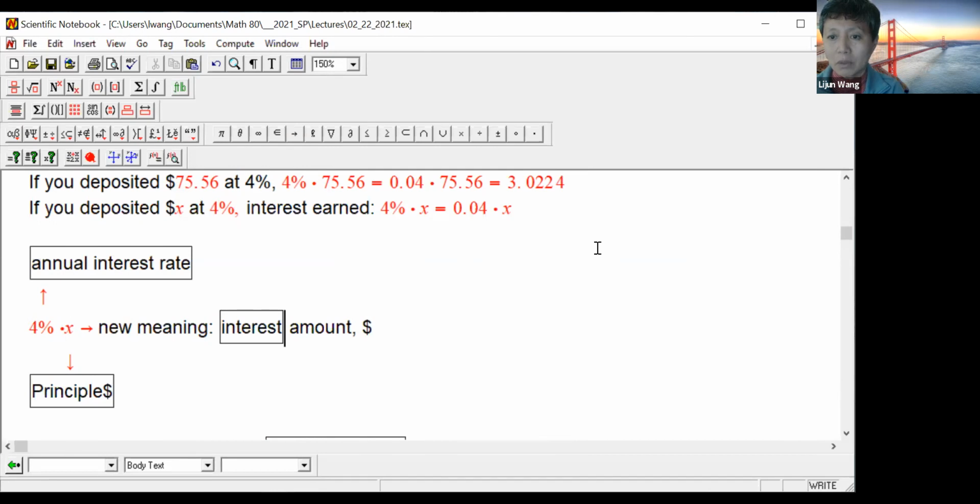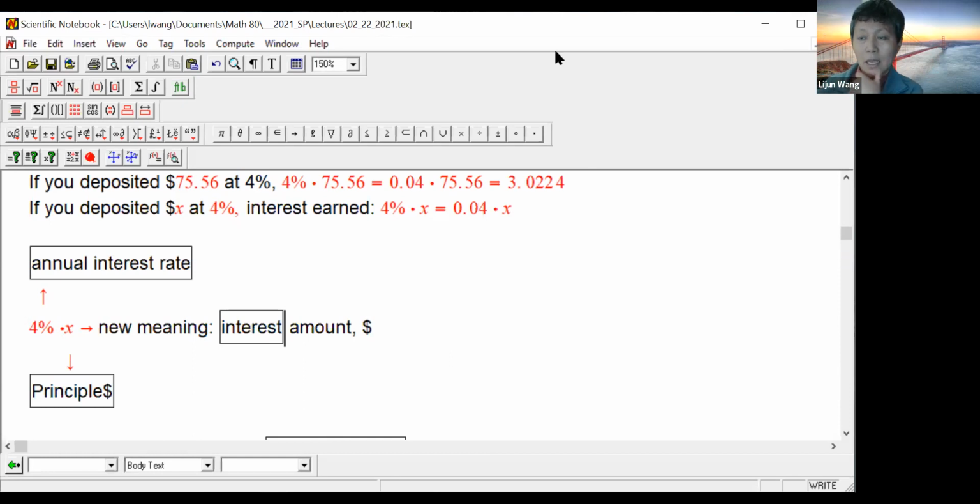Did you write it down? Could you please write it down? So what I'm trying to say is not all numbers have the same meaning. In fact, a lot of numbers have different categories. It's like apple and orange.